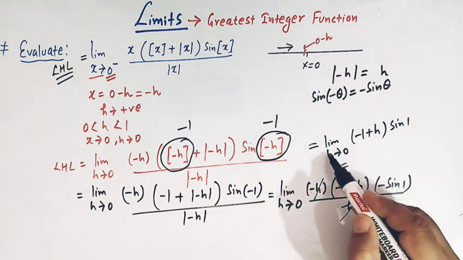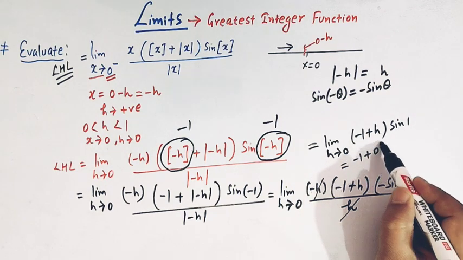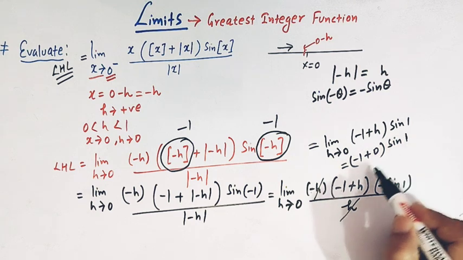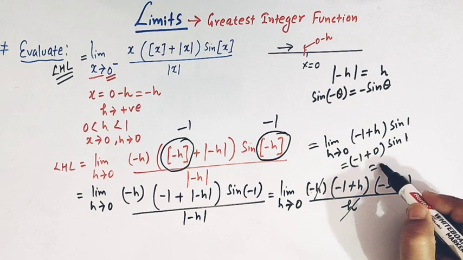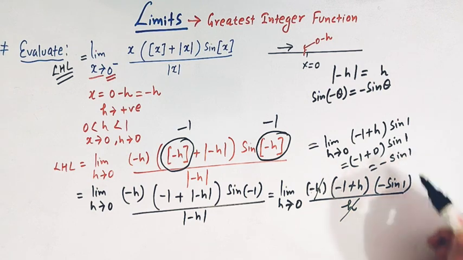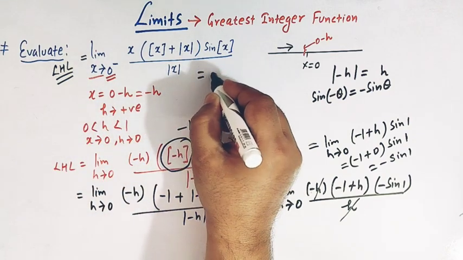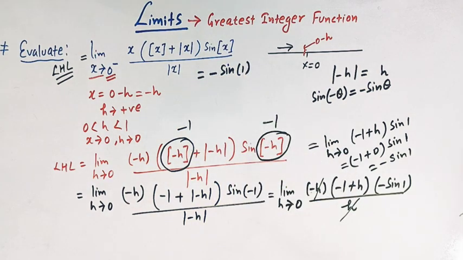So now we take h equal to 0 here, so we have minus 1 plus 0, and here we have sine of 1. So now minus 1 plus 0 is minus 1, so we have minus sine of 1, right? So the value of this limit is equal to negative of sine of 1, right? So viewers, this is how we can solve these types of limits.